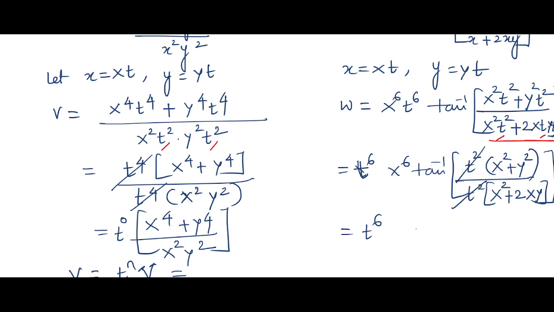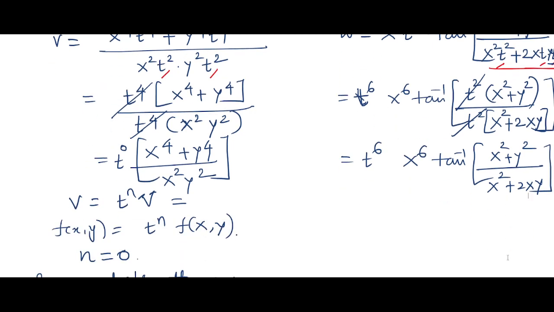So t⁶, x⁶ tan inverse of (x² + y²)/(x² + 2xy). Here this term we can replace by capital W because we are getting the same term of w, instead of small letters, here it is with the capital letter.